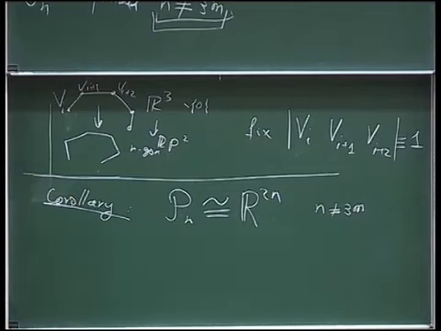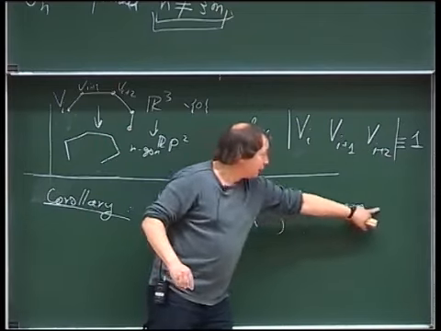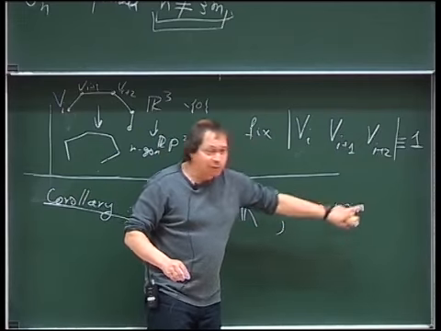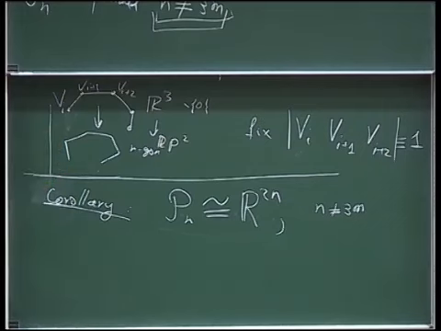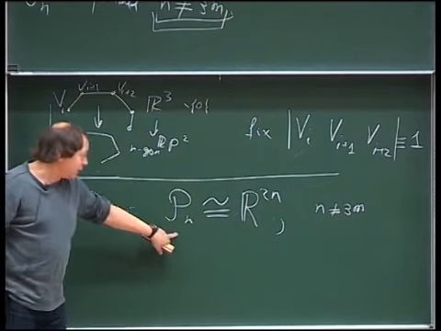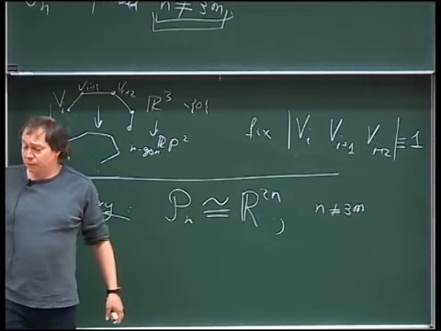It is a very interesting question to understand what is wrong in the case when n is equal to 3m. We suppose, but cannot prove, and maybe somebody knows, that in this case there is some non-trivial topology in the space of twisted n-gons.